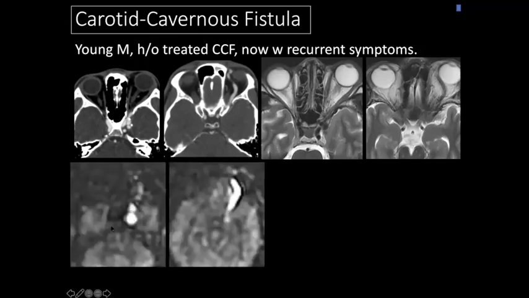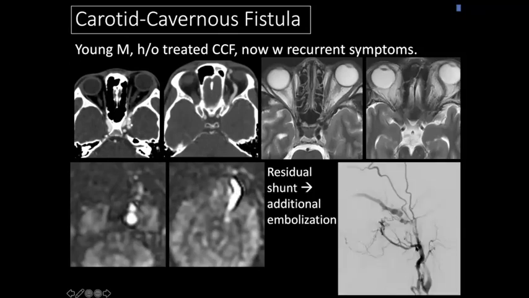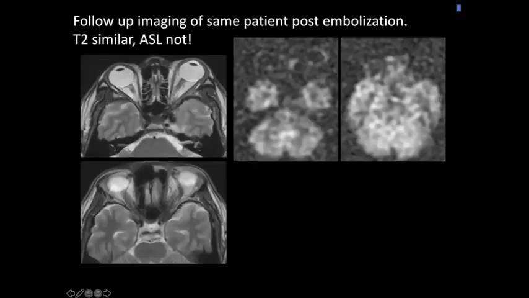On ASL, we see evidence for venous shunting in the cavernous sinus and in the superior ophthalmic vein. He goes on to a catheter angiogram that shows this residual shunting, the draining into the cavernous sinus and the enlarged SOV, and he undergoes additional embolization.